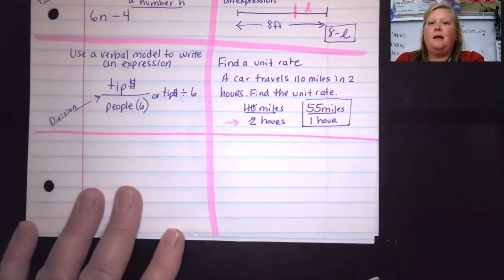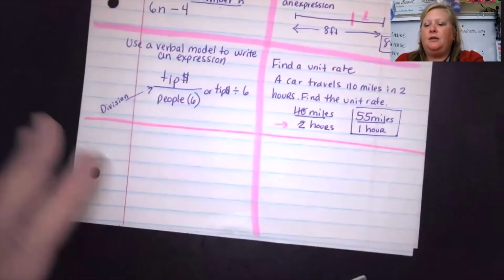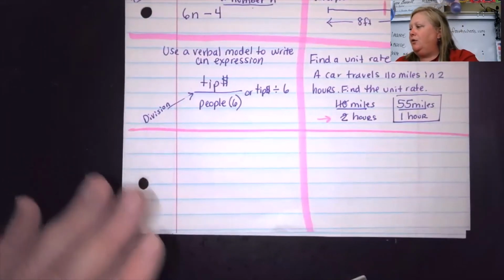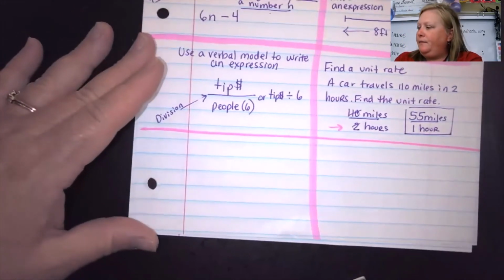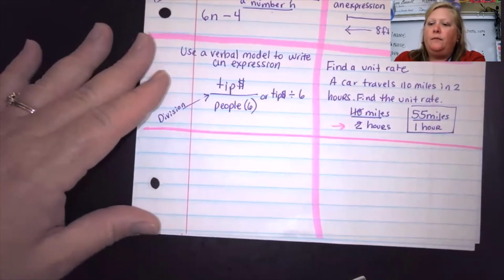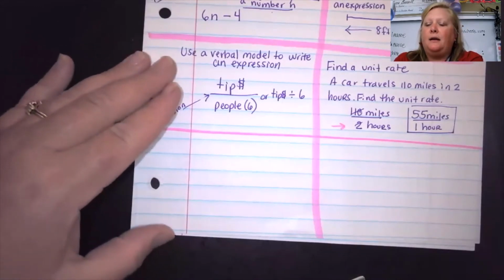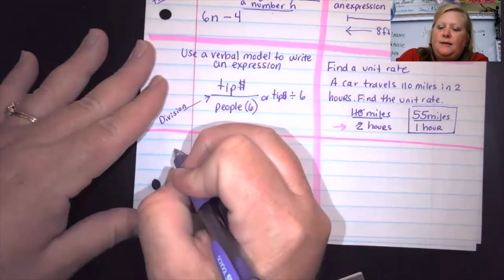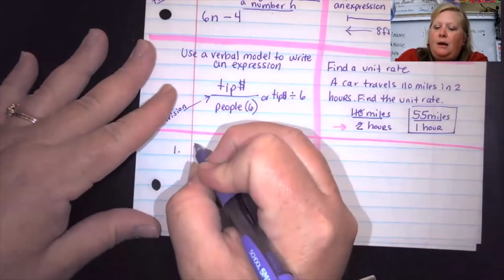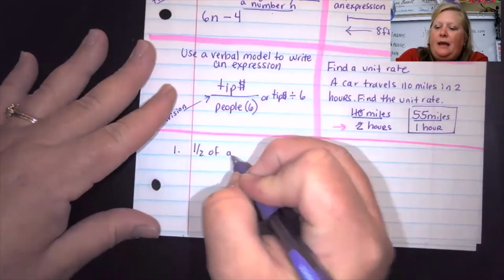Okay, questions on that? All right, it's time to do some problems on our own. Are you ready? All right. Here we go. Oop, I forgot, really important. That's all right. We'll do practice. So I'm going to call this number 1. I want you to do half of a number.